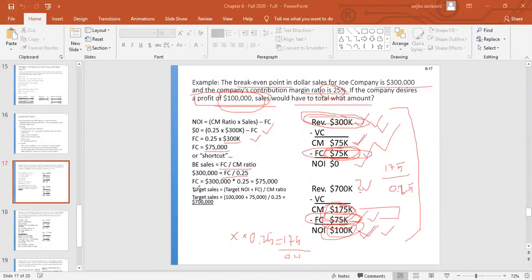So what are the target sales? That's your question mark here. Your target sales is your target NOI plus FC divided by contribution margin. This is the shortcut, or you set up your net operating income at 100 equal to sales minus total cost, and then you manipulate it the same way as above, but you get to the same point.